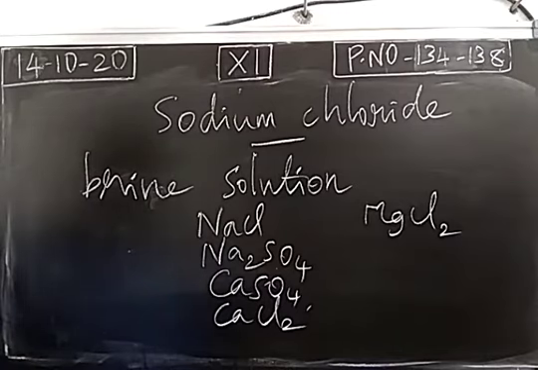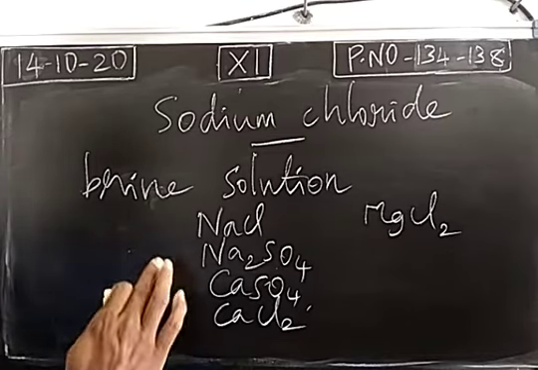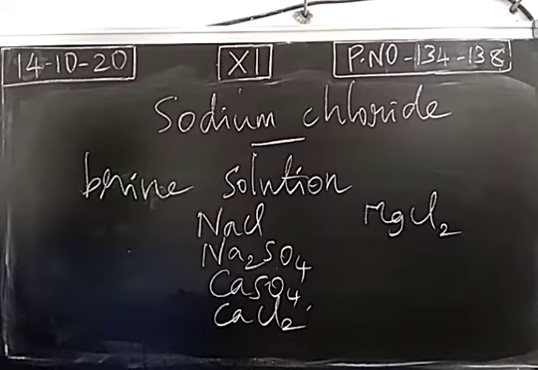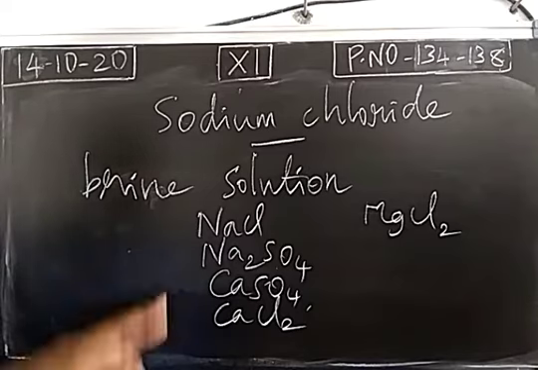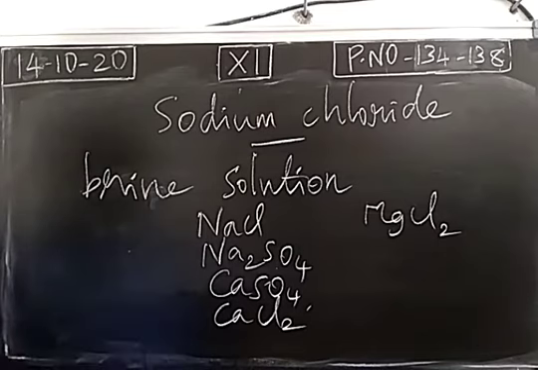During this process, we will get crude sodium chloride. Impure sodium chloride will be obtained by this crystallization process. The remaining substances will act as impurities. Sodium sulfate, calcium chloride and magnesium chloride will act as the impurities and can be removed.